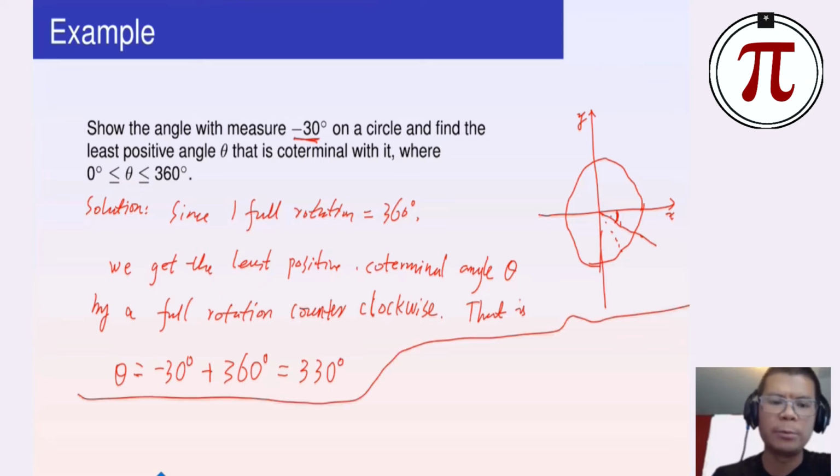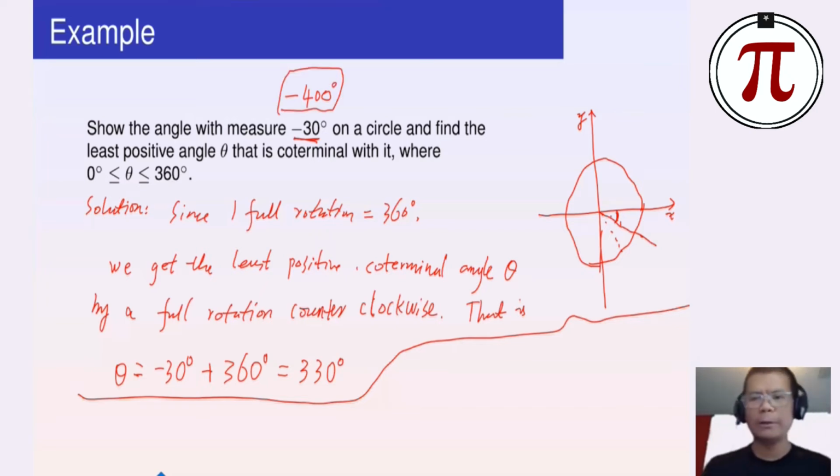What about an angle with measure negative 400 degrees? Can you find the least positive angle that is coterminal with negative 400 degrees? For this one, a full rotation is not enough. So what shall we do?